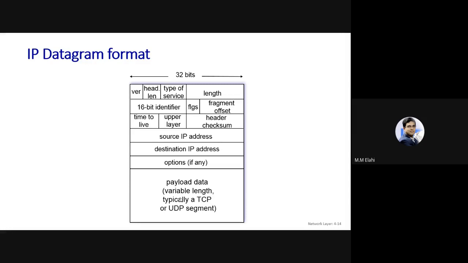A TCP segment or a UDP segment, right? So payload or data in a packet contains variable length, typically a TCP or UDP segment. This can be ICMP also when we use ping. So the lowest box actually represents data, right? So the rest of the rows represent what?